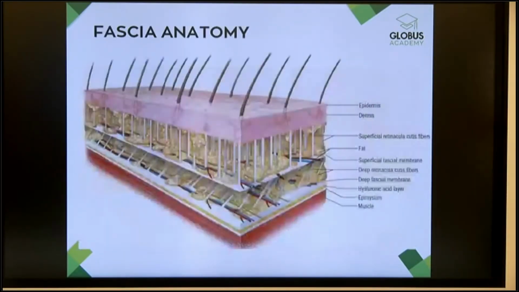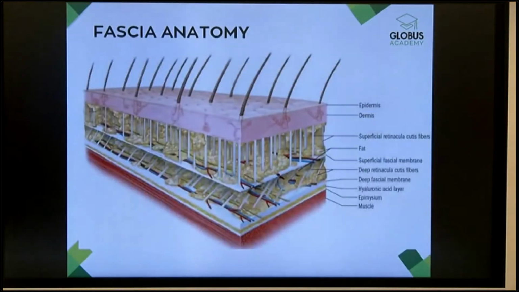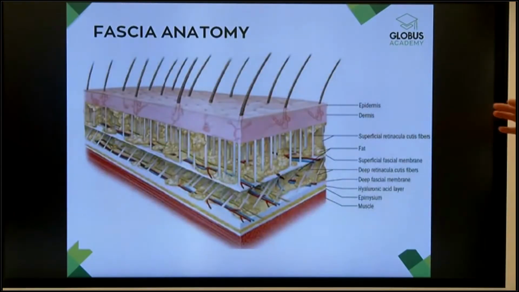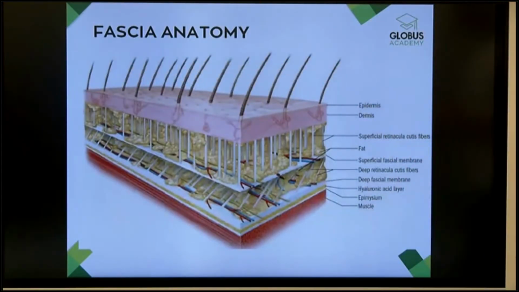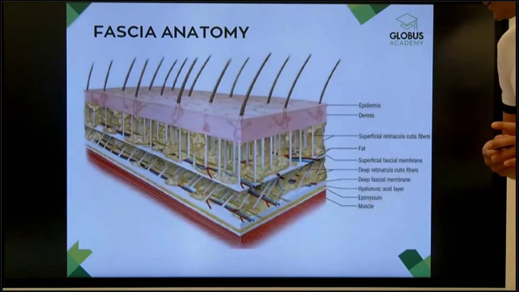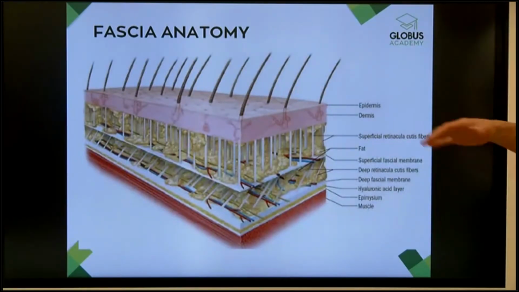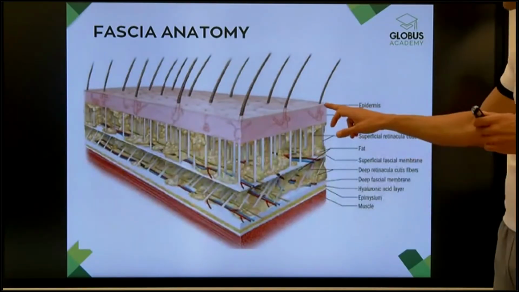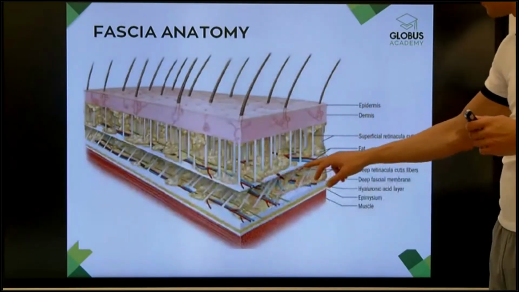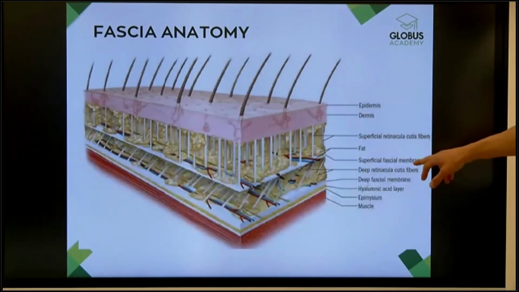All right. So to better understand, we need to have a little bit of understanding around fascia anatomy. Fascia anatomy is something that I really love. I love this picture because it seems a modern building, and we can easily understand the epidermis, the dermis, and here we get the first fascial layer, the superficial fascial membrane.